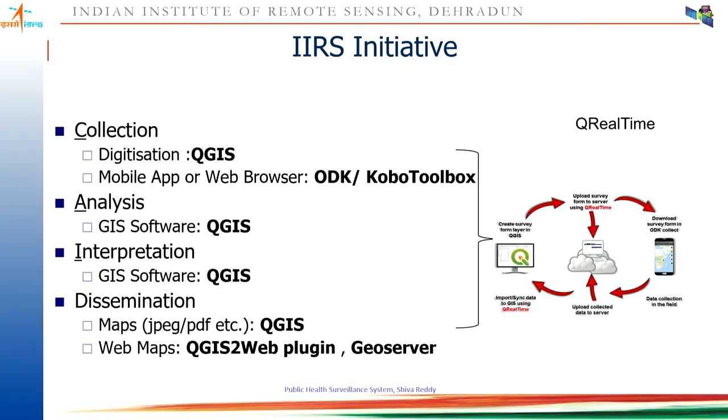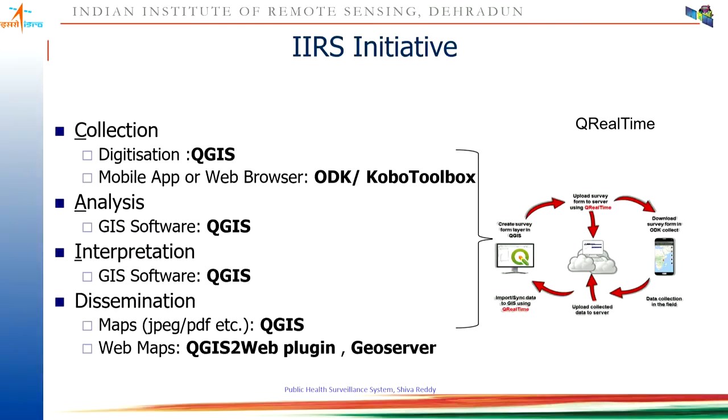So in this way, what we have done is we try to integrate these popular open source solutions and make them interoperable, because the ODK data format and the GIS data format are different. Both conceptually and at the logical level, the GIS layer and the ODK form are totally different. They don't match at all.